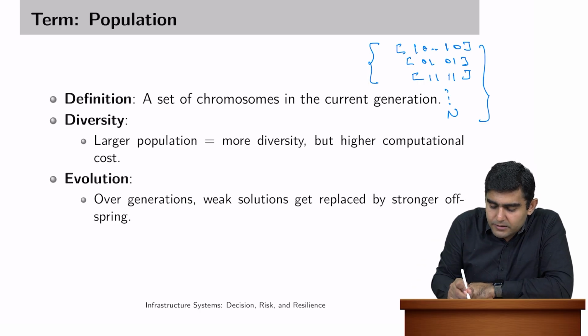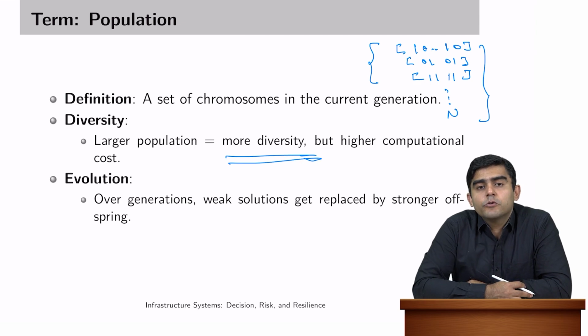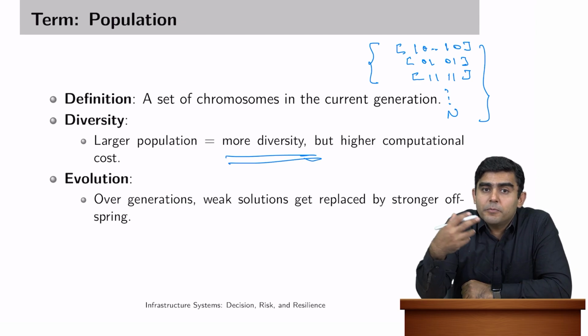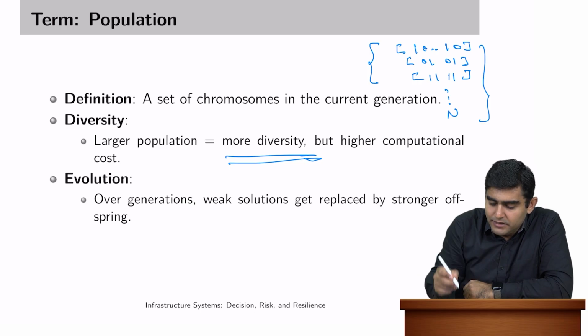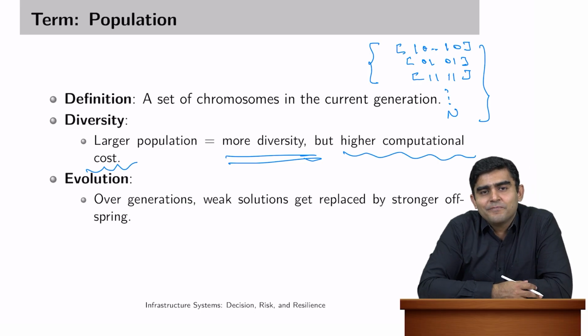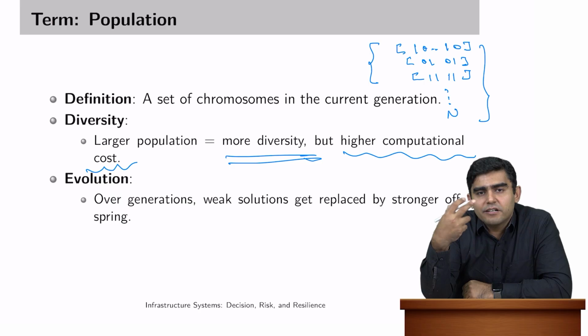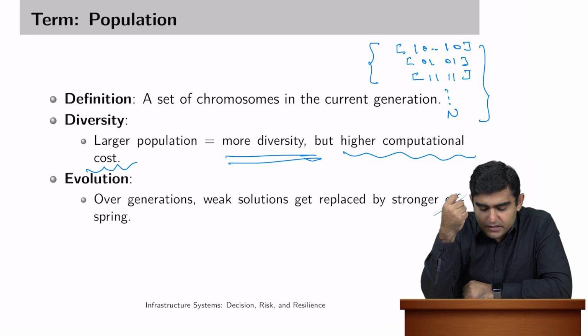If you have a larger population, it of course means more diversity. You have more opportunity to find an even better solution than the previous one, but it also comes at a higher computational cost, because then you are evolving n number of population members simultaneously, or selecting, terminating, and so on. So it becomes computationally a bit expensive.